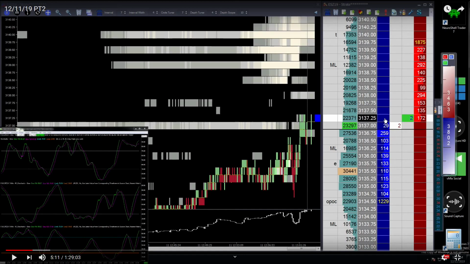Lots of chopping in a 3-tick type range on 3137 even after brief breakthrough.